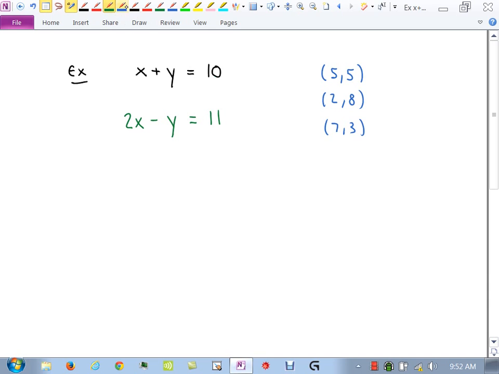Okay, let me draw an arrow. These were solutions for this one. For this one, solutions, what did you say, 6 and what? 6 and 1. Do you all agree that that would work in the second one? 2 times 6 would give you 12. Take away 1, you'd get 11, right? Anyone else think of another one?